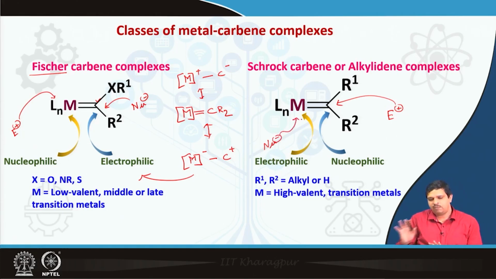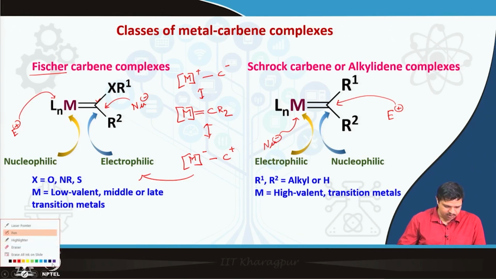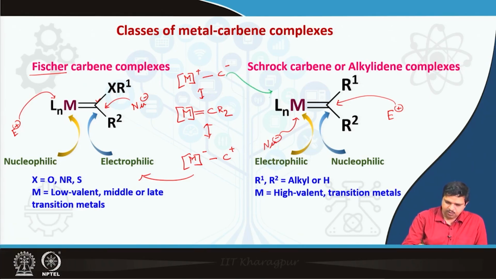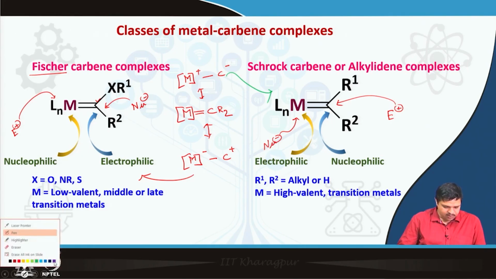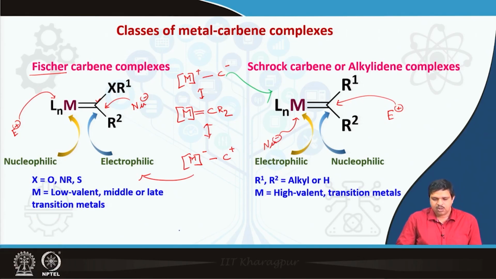That is exactly the difference. In this case, this is the best representative of the other canonical structure. So yes, it is possible, depending on the proper design of your organic carbene and also the choice of the metal center.